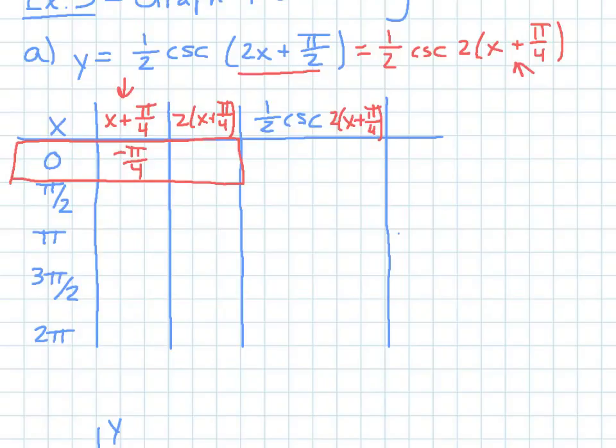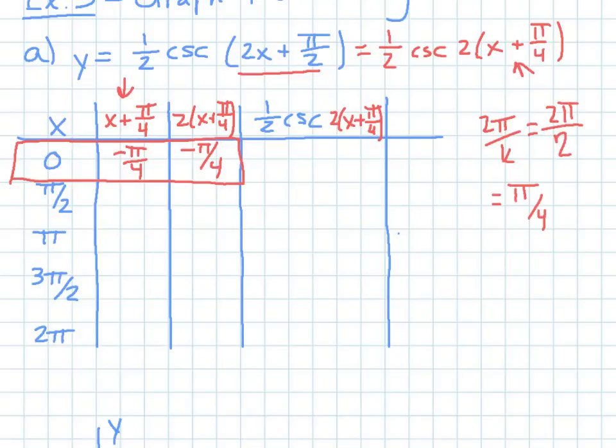Then it's still the same thing to get that first one, but now because you have a 2 there, and our period is 2 pi over k, you insert your k in. So that's 2, which gets us pi. Pi divided into fourths is pi over 4, so we should go every pi over 4.